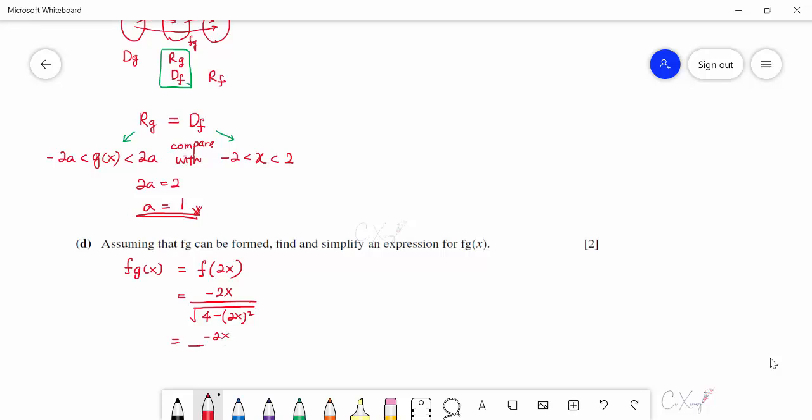Then from here, I try to expand the square. I will have 4 minus 4x squared. If I continue further, I want to simplify it. From here, I realize that I can take out the 4, and if I take the square root of 4, I will have 2.